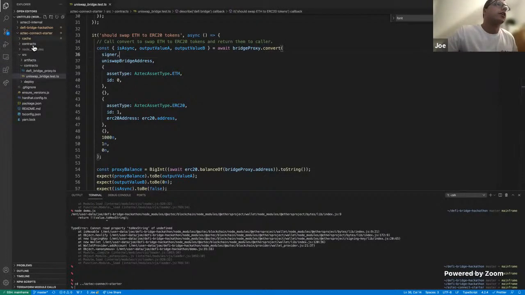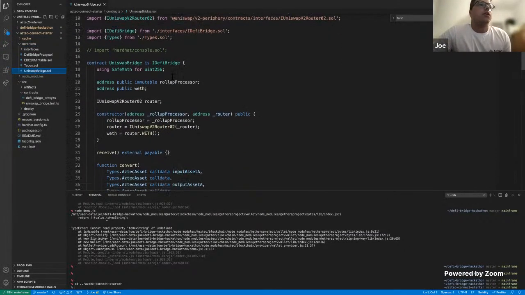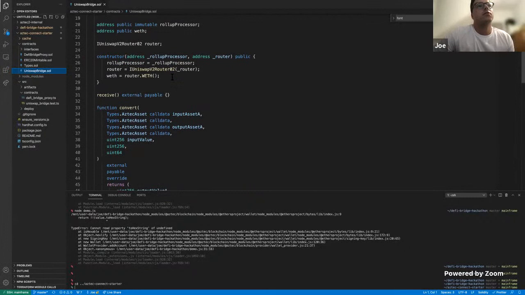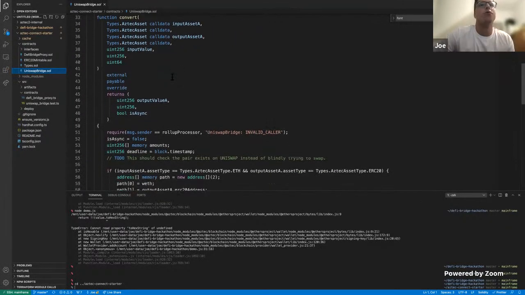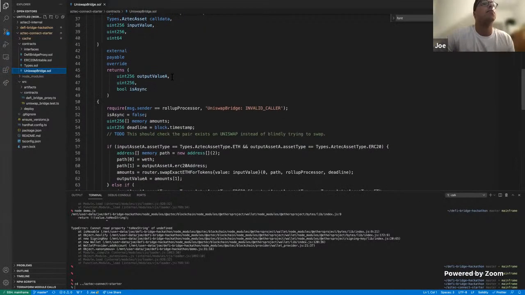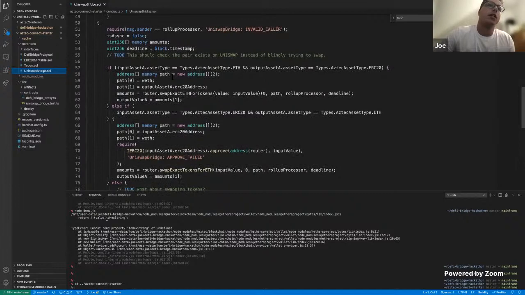So in this case, we have a Uniswap bridge, and this uses v2, but it's quite a simple bridge. At the moment, it only has support for swapping ETH to a token and a token back to ETH.